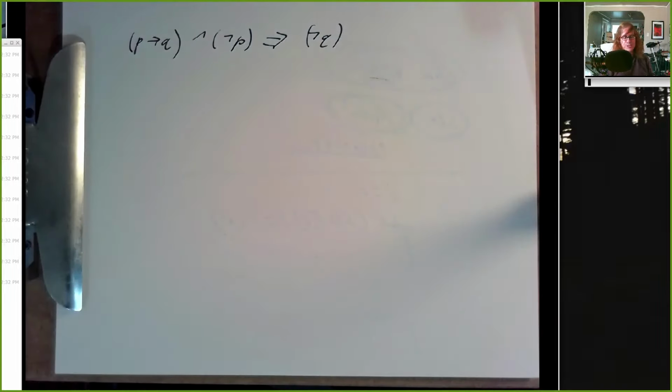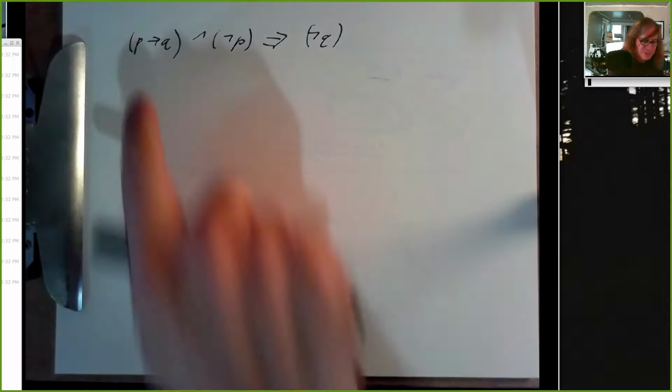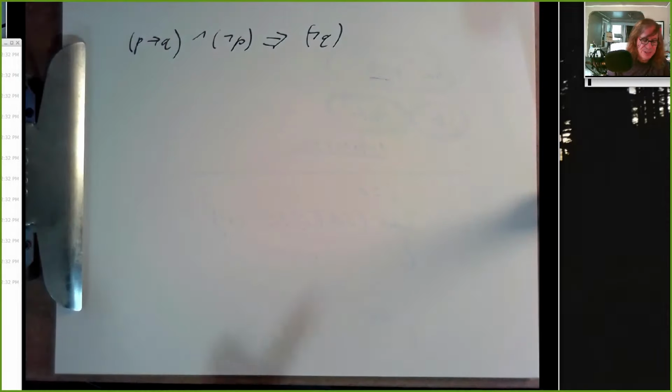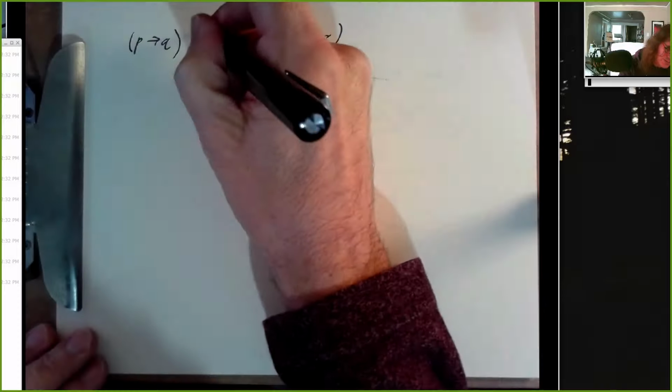Truth tables are a really good way to show if something is true or not by simply looking at all the possible values of P and Q. To show something is a fallacy, it's sufficient to find a counterexample. As long as it's a carefully chosen counterexample where we can pick propositions P and Q, where P implies Q and not P, but not Q does not follow.